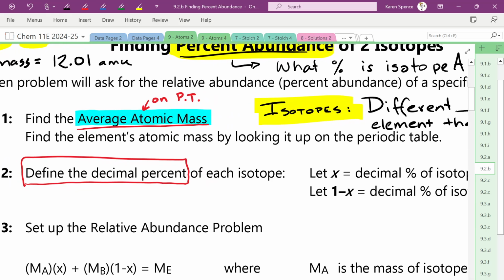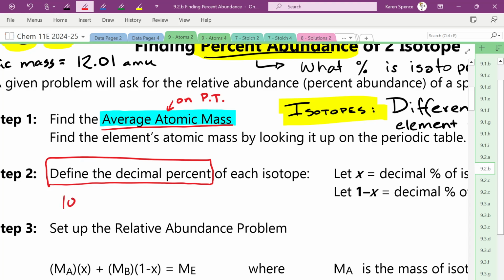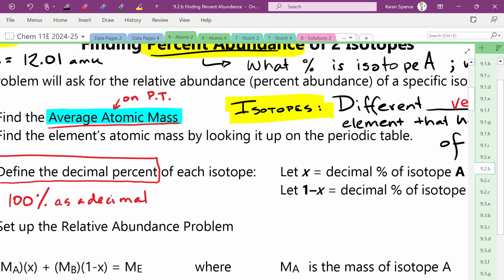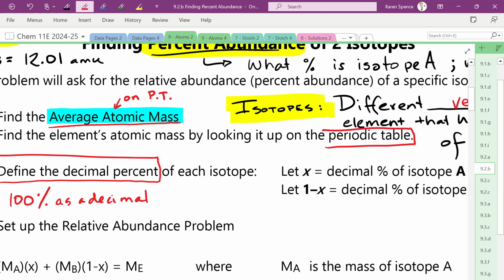So 100%, remember, as a decimal, oh, periodic table. And it actually says it down on the next line. Go find it on the periodic table.